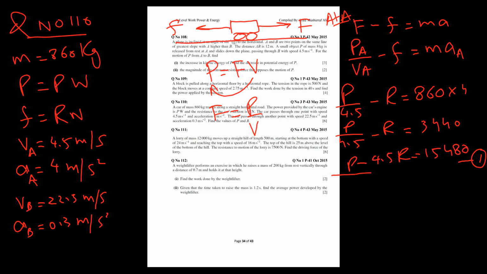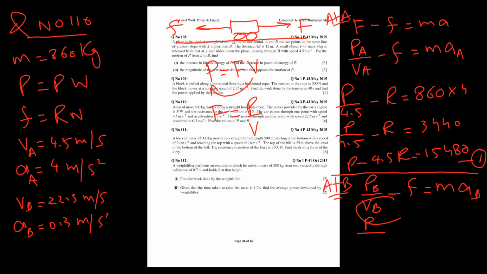In the same manner, I talk about B. At B, I write power divided by velocity at B, minus friction, which is the same, equals mass, which is the same, times acceleration at B. I think the idea is clear. Power is the same, and velocity at B is 22.5.